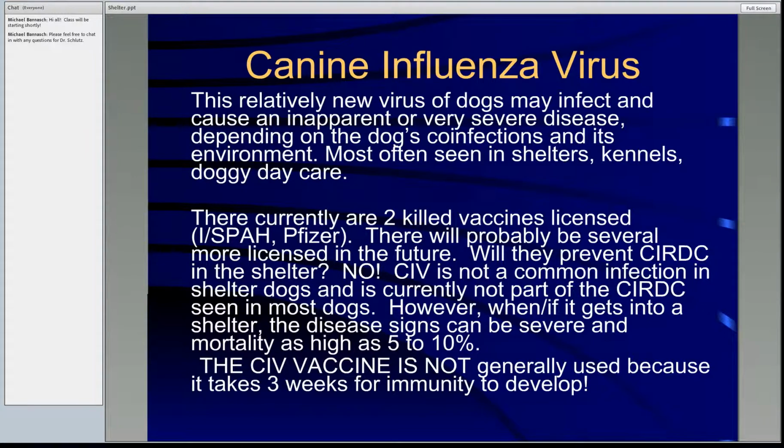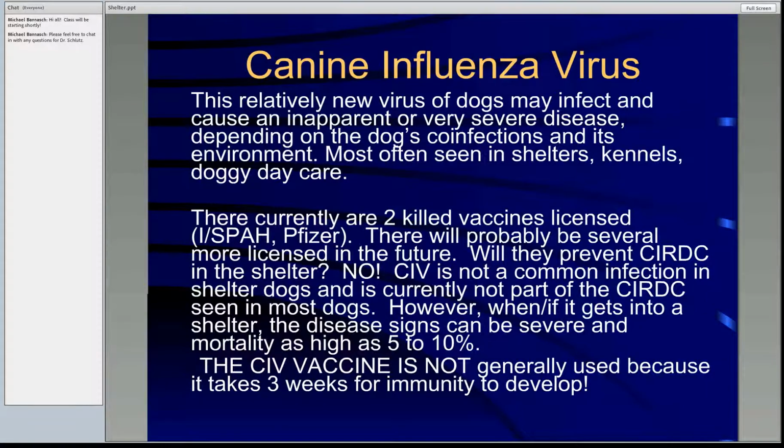It takes some intimate association with infected and susceptible animals to transmit. But of course, you have that in a shelter environment, and if it does get in, then it will transmit because we have no natural immunity or very little of it. And there haven't been that many animals vaccinated with the product either. So that's something that we always have to consider as well. There are 2 vaccines available. They're both killed vaccines. And as I've already said, it takes 3 weeks.